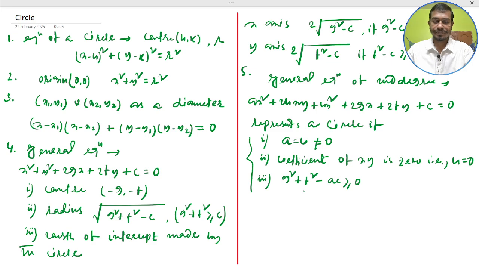Next, results on circle. Second topic, this was topic A, this is B. Results on circle.